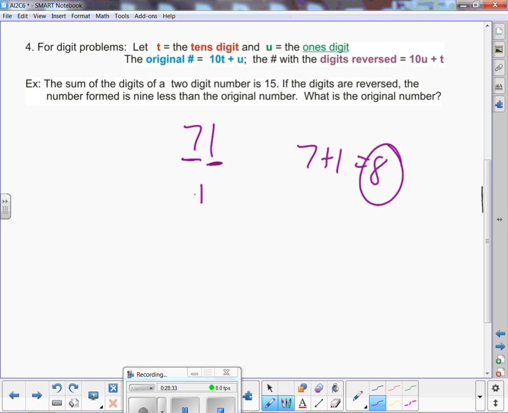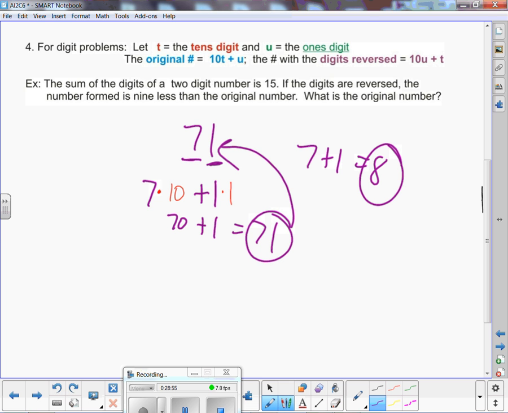Well, I can do that if I multiply each digit by its place value. The 7 is in the tens column, and the 1 is in the ones or the units column. See, now I have 70 plus 1, and sure enough, that is our number 71. It's the way our number system goes. Okay?